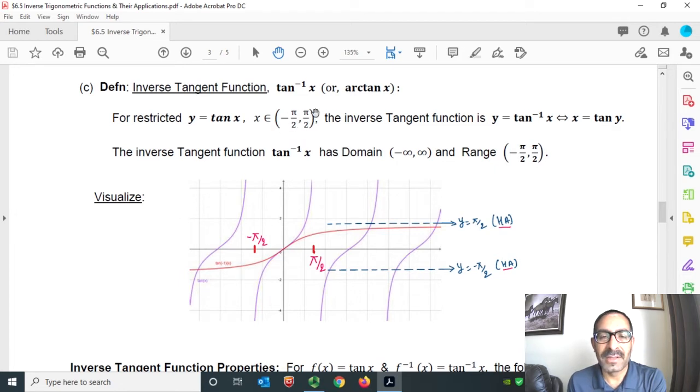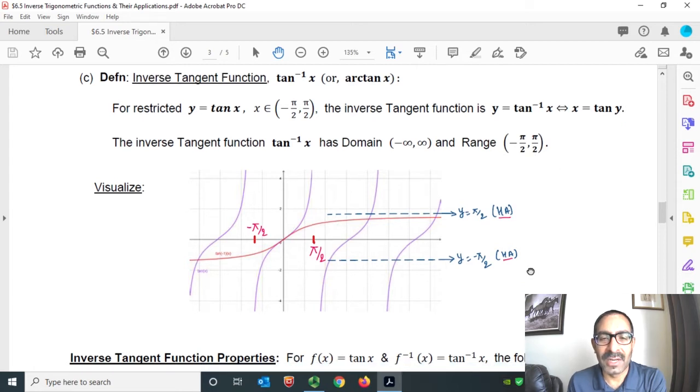That's why I use the parentheses. The inverse tangent function is defined as y equals tan inverse x if and only if x equals tan y. The inverse tangent function has a domain of everything, negative infinity to positive infinity, and the range is negative pi half to pi half, excluding those endpoints.